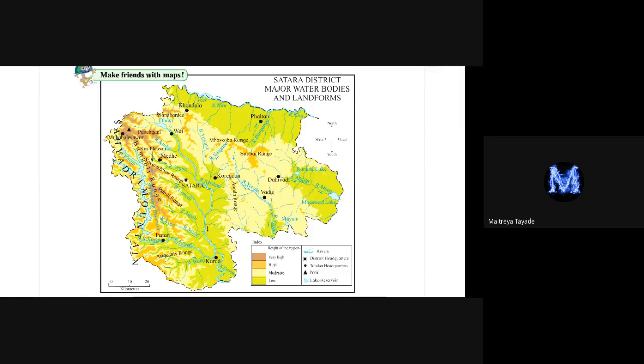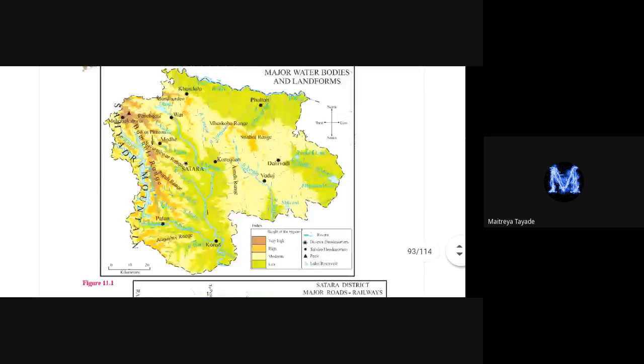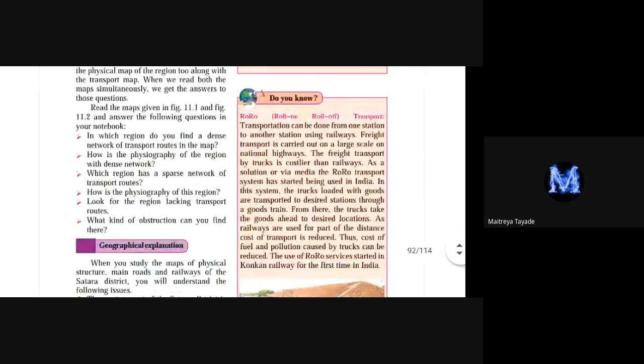And here is the next map, figure 11.2: Satara district, major roads, railways and famous places. Simultaneously you can see both maps here, and based on these two maps you have to answer some questions in your notebook. In which region do you find a dense network of transport routes in the map?